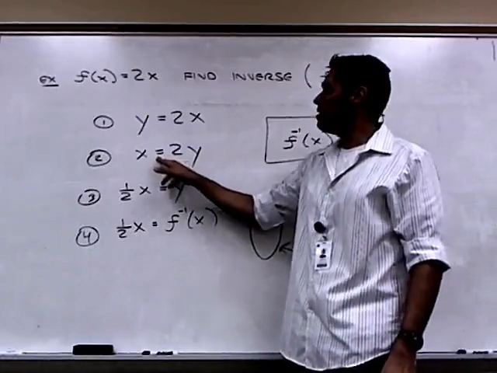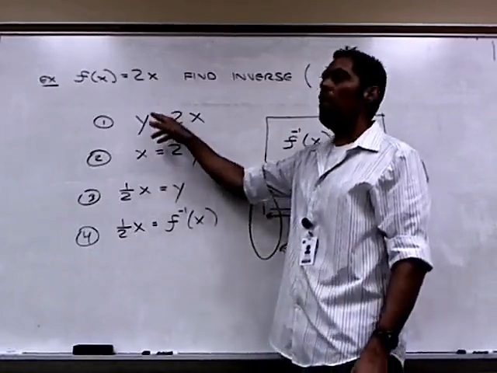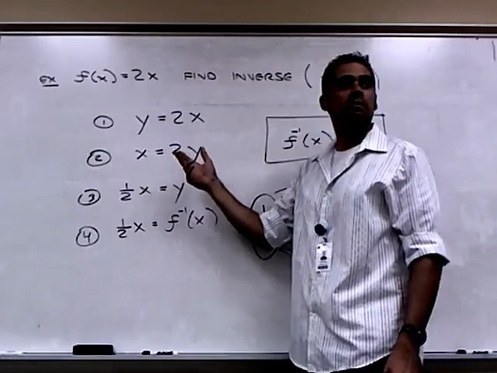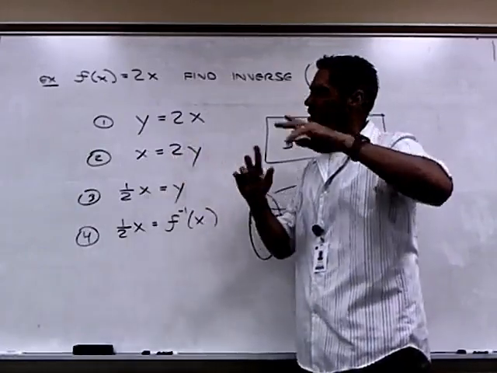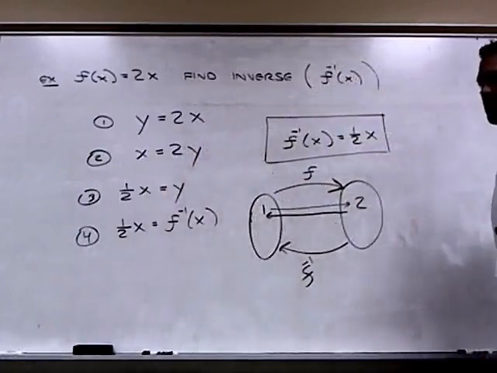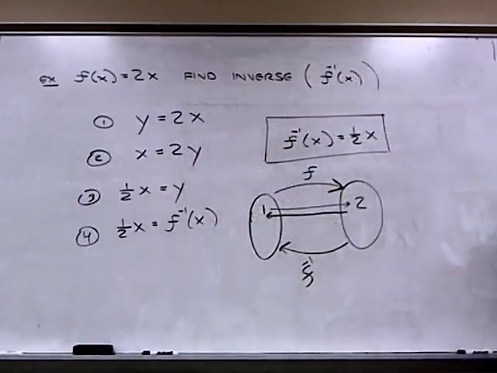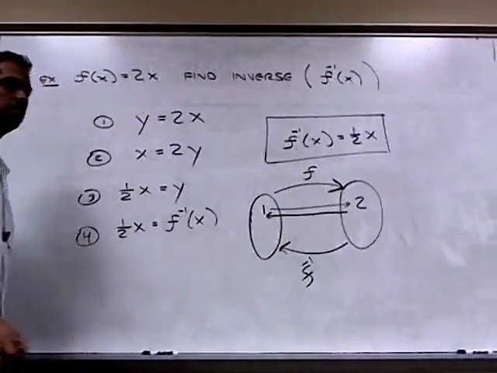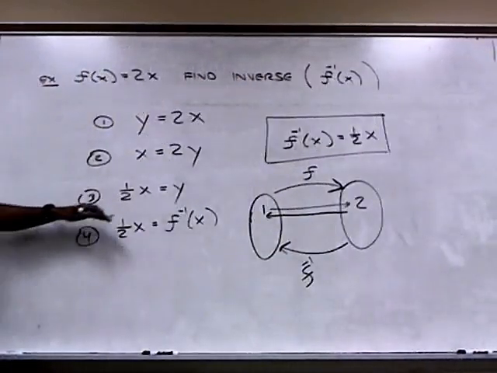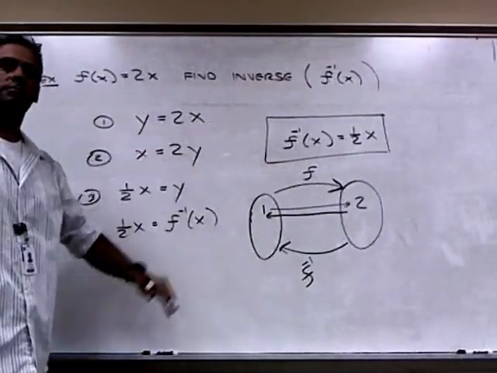The reason I switched x and y is because I wanted my y to go back to x, which means my x goes to y. So you swap the variables. It's a little weird, but that's the way it works. Okay, questions? Those are the steps. That's the boxed answer.